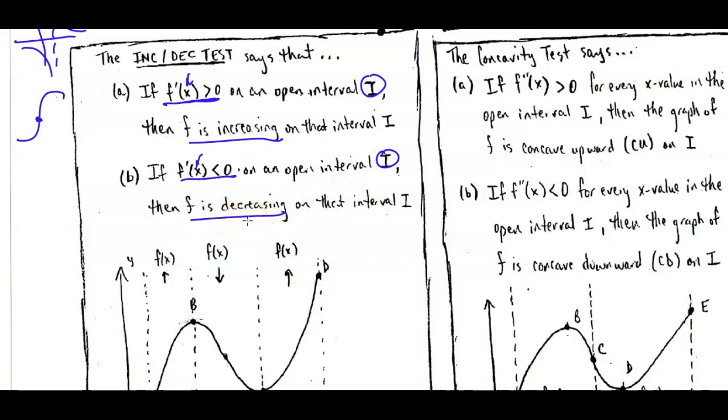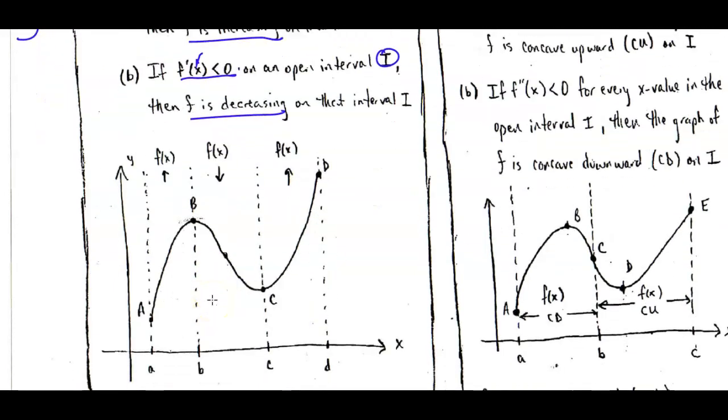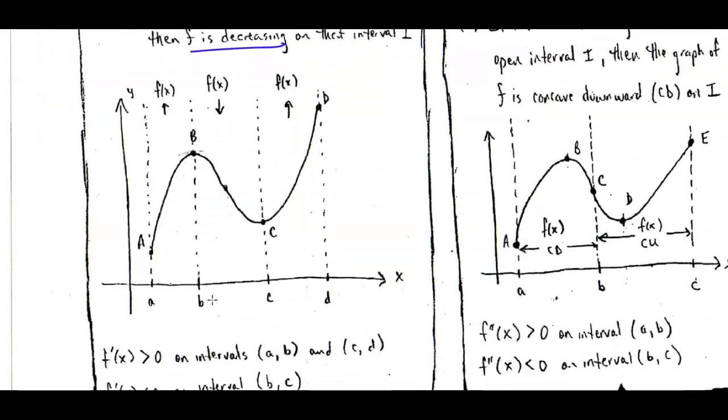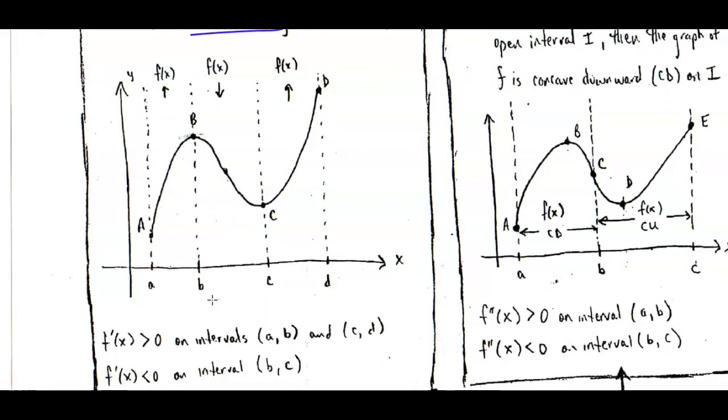Okay. And if we look at this graph here, we could kind of get an idea of why that is. Of course, on the open interval from A to B and from C to D here, we see that our graph is increasing.